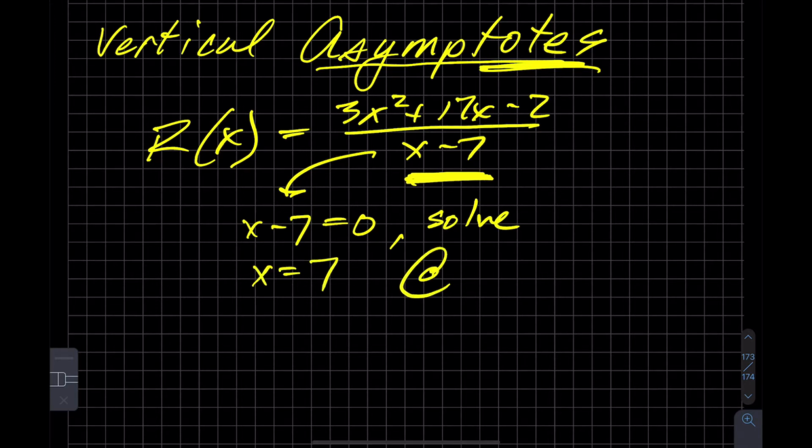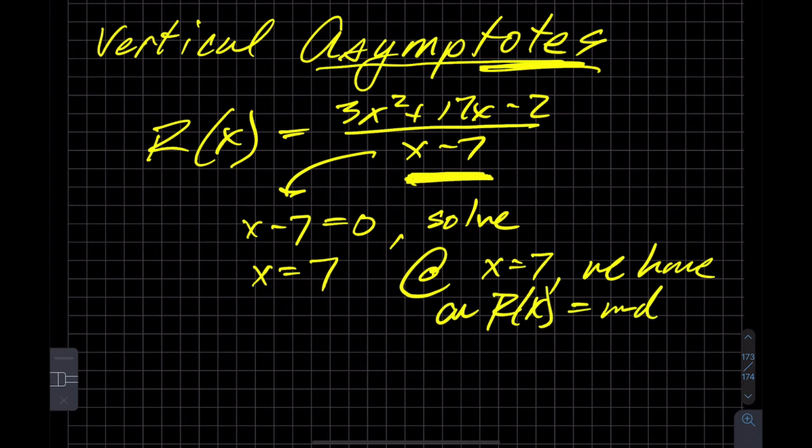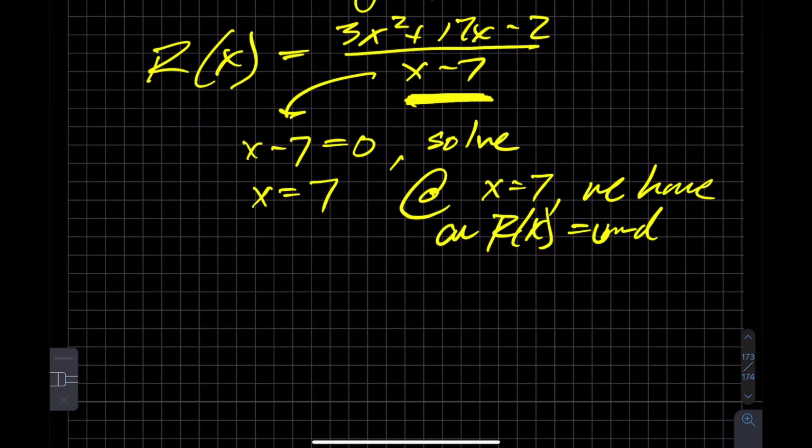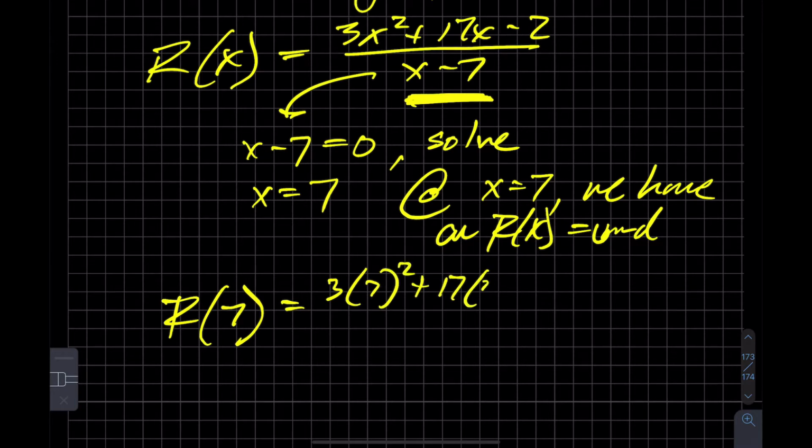So at x equals 7, for this particular situation, we have a rational function that is undefined. Why is that? Well, r of 7 is equal to 3 times 7 squared plus 17 times 7 minus 2 over 7 minus 7, and of course my denominator is going to 0.